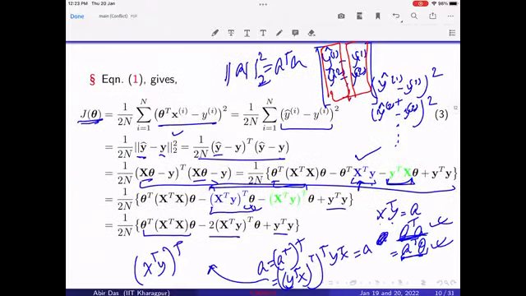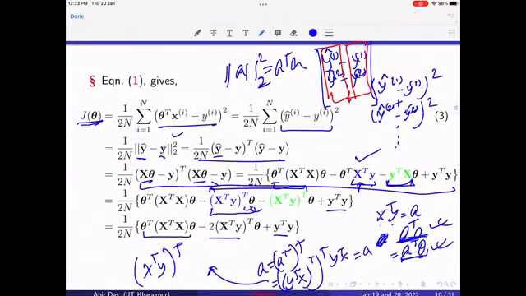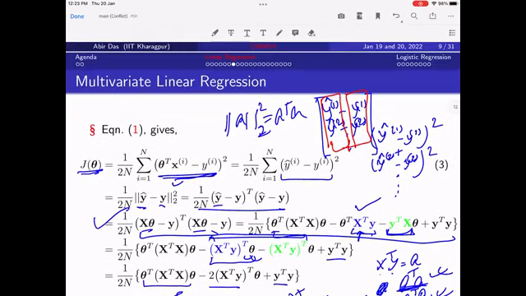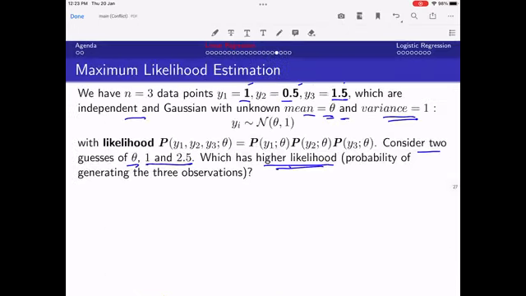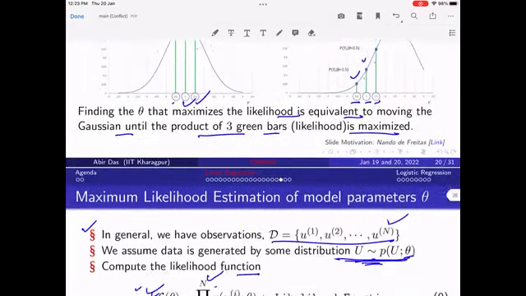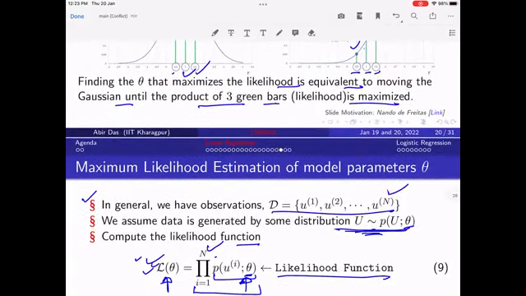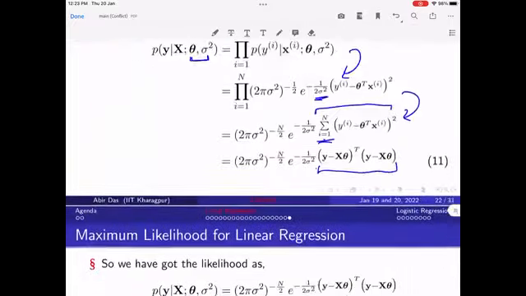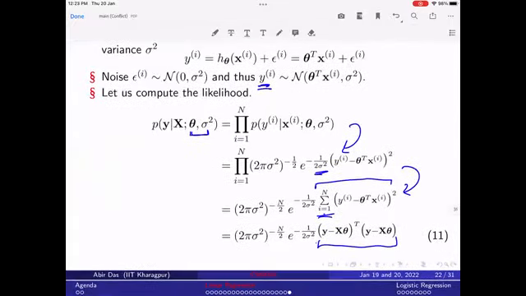Yeah, see. So the similar thing, right? So how can you write it as here, this one, right? The same thing is there. From here to here, if you don't understand, please go back and refer to that slide, right? So this is what we are getting as the likelihood.